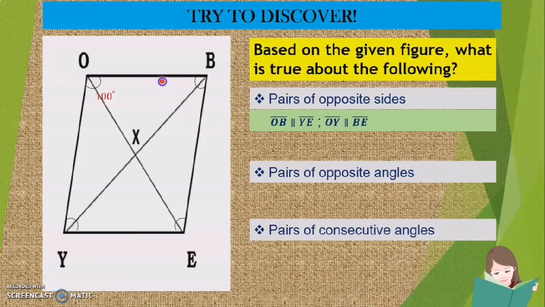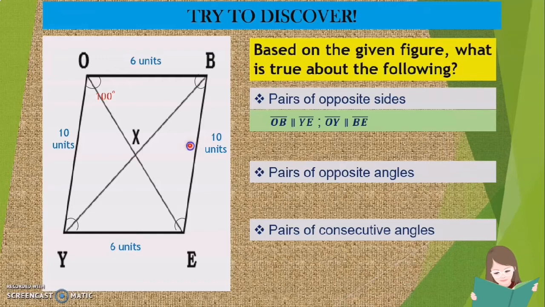Now, assuming that segment OB is 6 units, what do you think is the measure of segment YE? Alright, your guess is correct. It is also 6 units. So if segment OY is 10 units, how long is segment BE? Of course, it is also equal to 10 units.